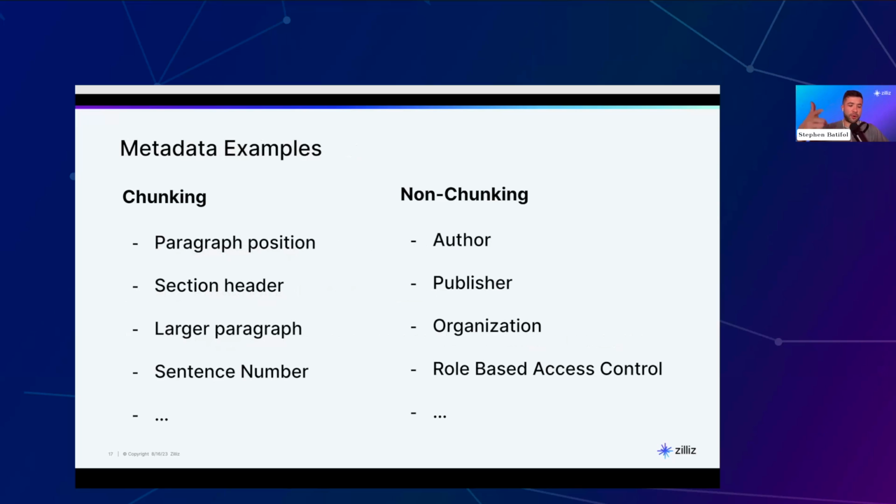If it's a larger paragraph, you might want to chunk that. Sentence number. Those can be very useful. And then the non-chunking ones are: who wrote this, publisher, the organization, and different things like that. And usually those actually provide very helpful information for your RAG app.